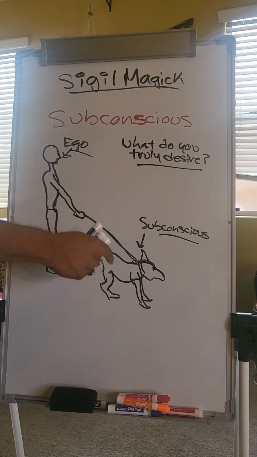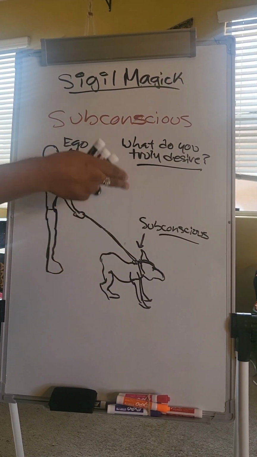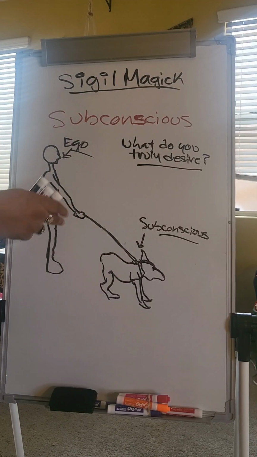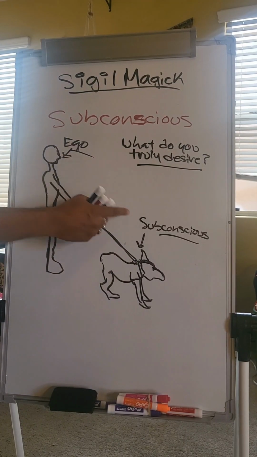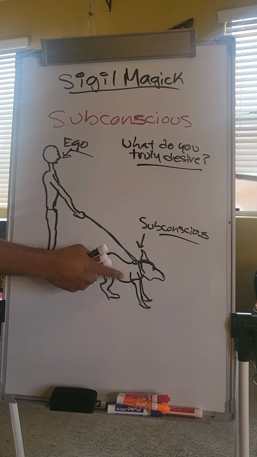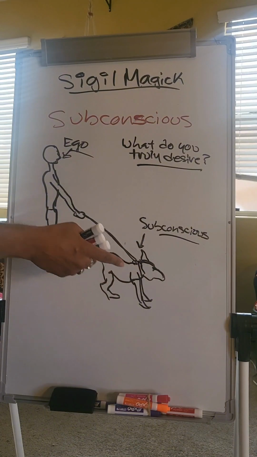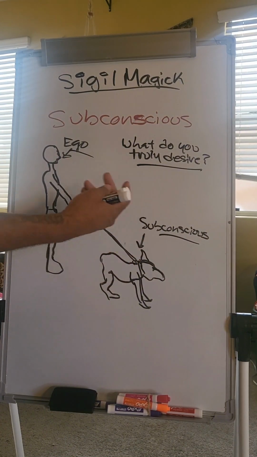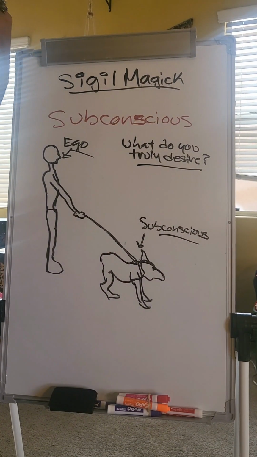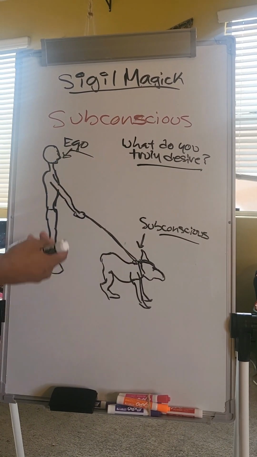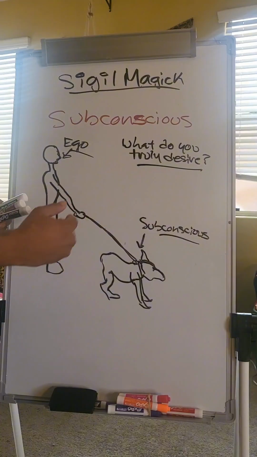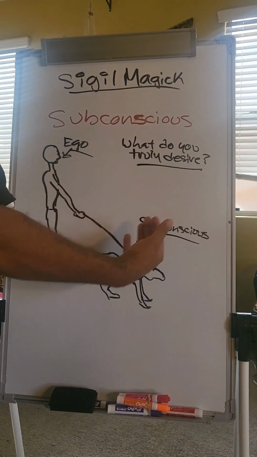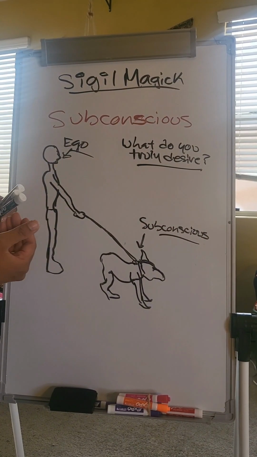This is why it's important to get involved with shadow work and understanding how your mind works. So when you program something in and this dog goes and fetches it, you're going to be able to manifest it, because it's what you truly desire within your mind and within your heart. Okay? So that's what this is dealing with. Think of sigil magic as a way to help you access what you desire. You know what I'm saying?